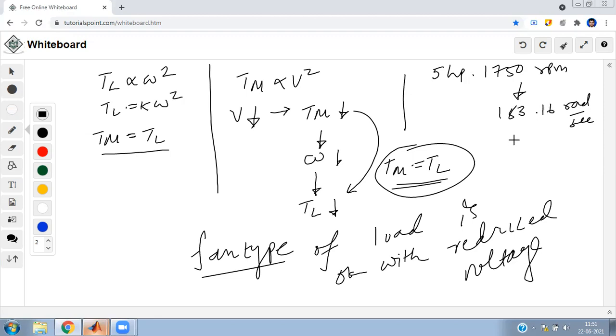So from this I calculate my rated load torque, which comes out to be 24.44 Newton meter. So with rated speed, motor is able to produce this much torque. So load torque should also not be more than that.